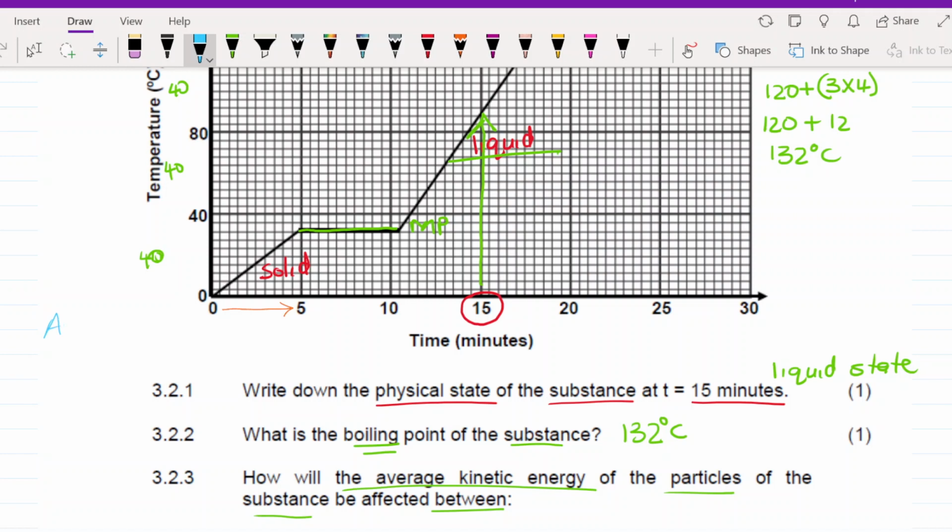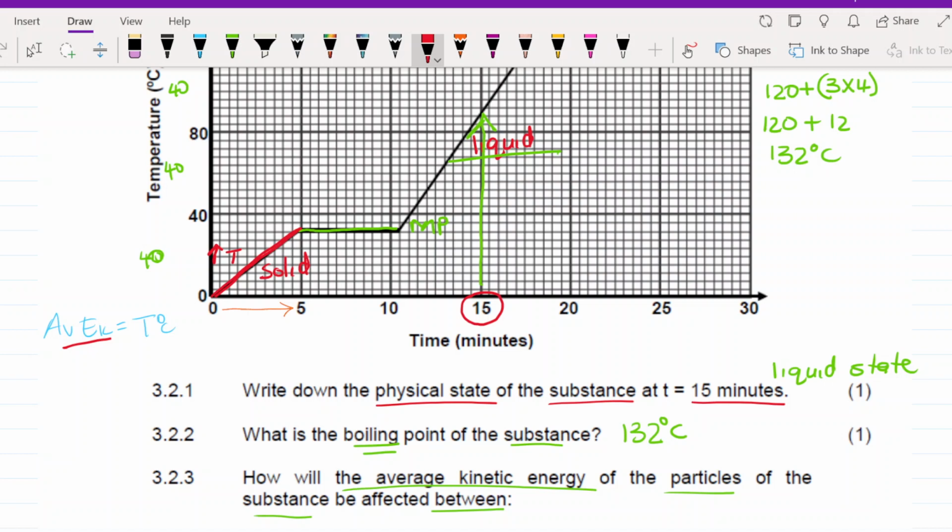Remember, the average kinetic energy is the measure of the temperature. So if the temperature is increasing from 0 to 5, that means the average kinetic energy is also increasing from 0 to 5.